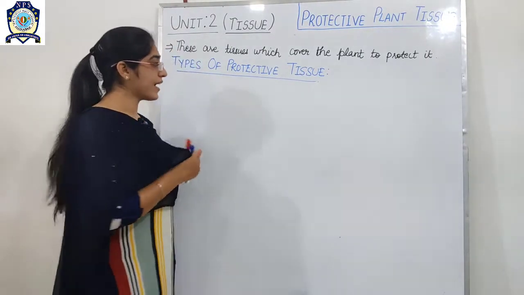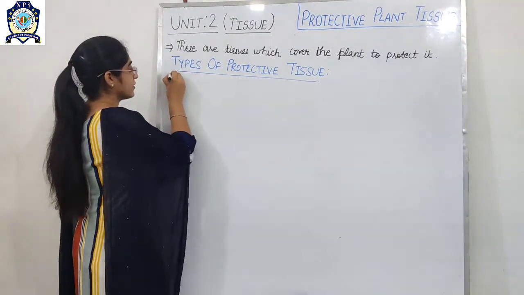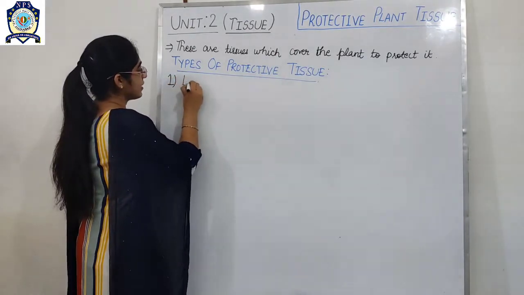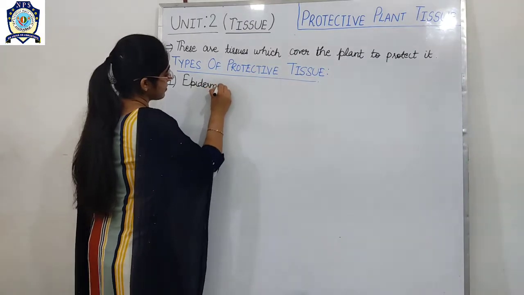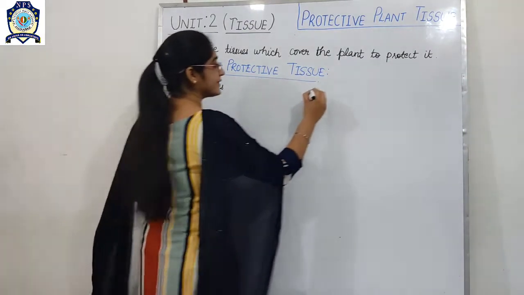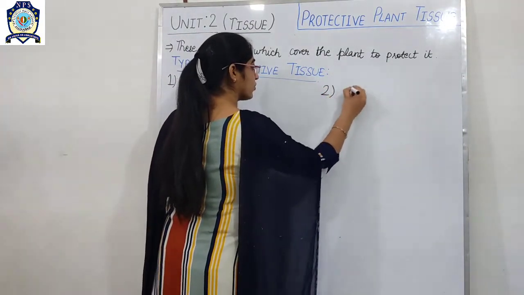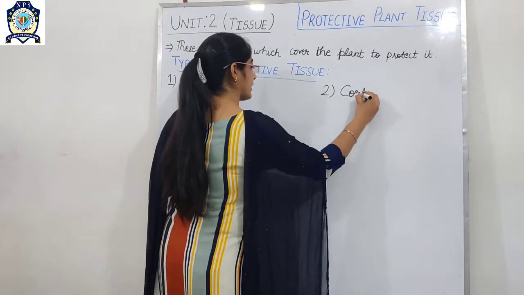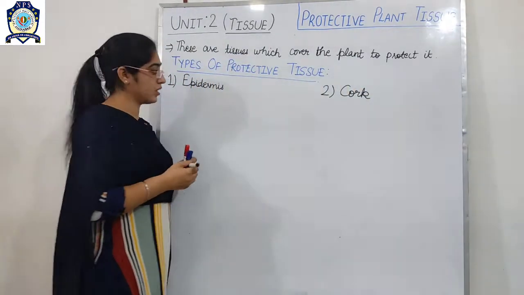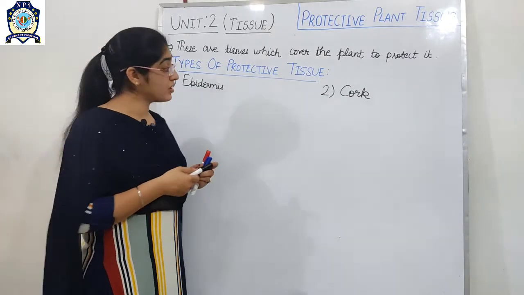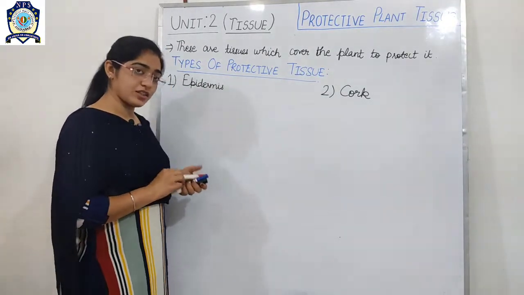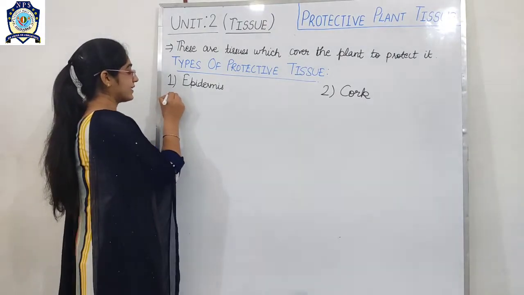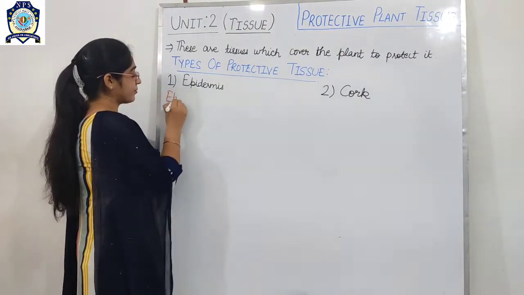One is the epidermis, and the second one is the cork. So let's start with the first type of the protective plant tissue in detail, and that is epidermis.